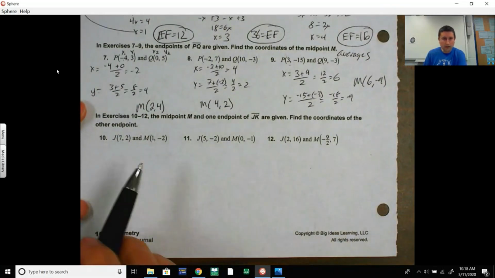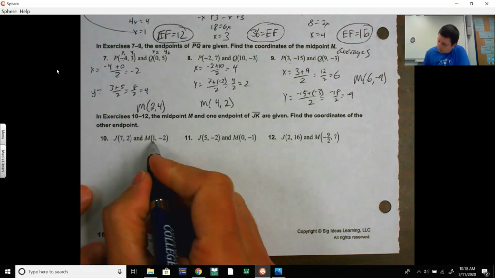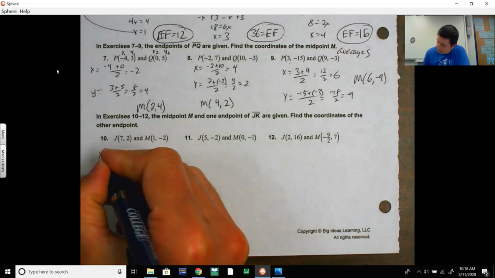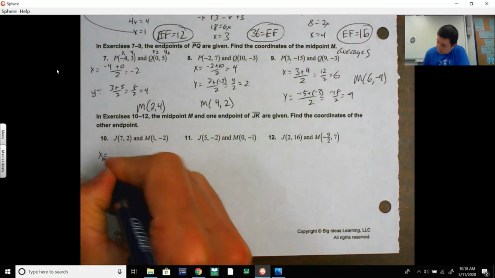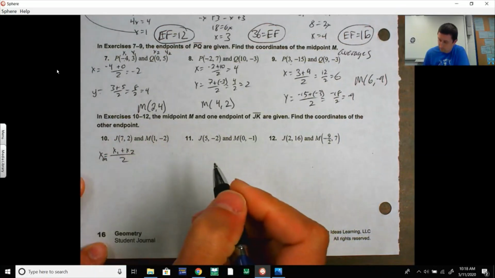Okay, this one's going to go the other direction a little bit. They say find the midpoint. The midpoint M and one endpoint of JK are given. Find the coordinates of the other endpoint. Okay? So this is the midpoint. And remember, the x of our midpoint, I'm going to put xM, equals x1 plus x2 divided by 2.